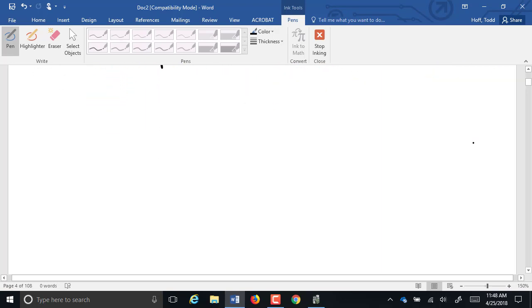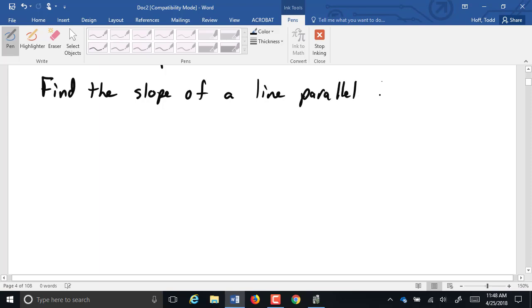So let's take a look at some questions related to that. First of all, find the slope of a line parallel to y equals -3/5 x plus 7.